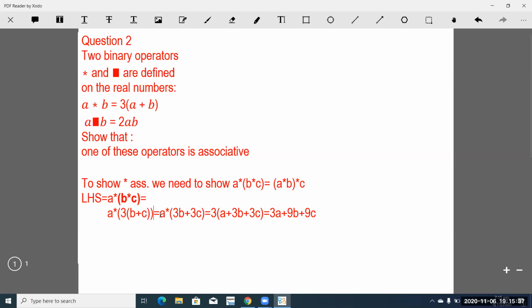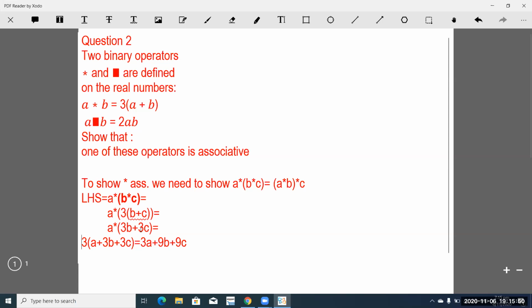And all of that simplifies to 3 times B plus C being 3B plus 3C. So now all we need to work out is A star 3B plus 3C. All right? That's all we need to work out now. Nice.